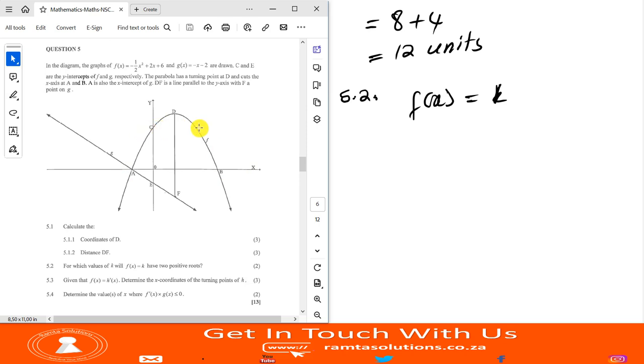That's not what we're looking for. But above this point and below this point, that's what we are looking for. So what will we say? This is when k is greater than, what is the y value at C? It's 6. What is the y value at D? It's 8. So k is greater than 6 but less than 8. This is your answer. Perfect.